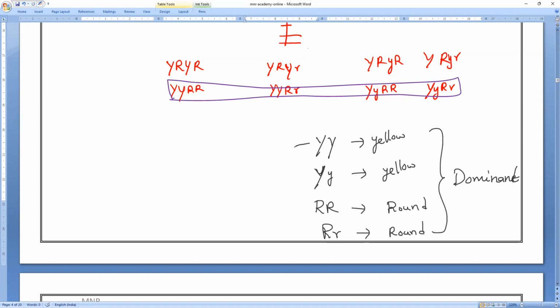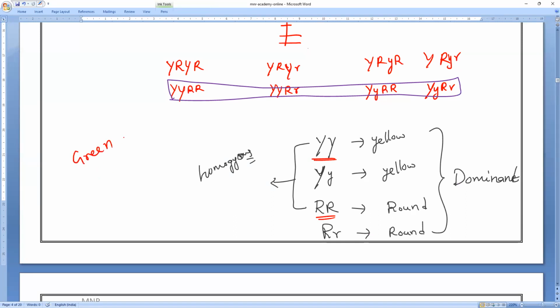In this, capital Y, capital Y, capital R, capital R is homozygous. Capital Y, capital R, understand? Next, wrinkled, and you can see green.